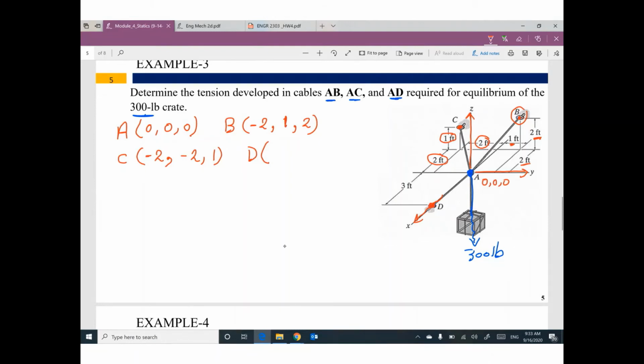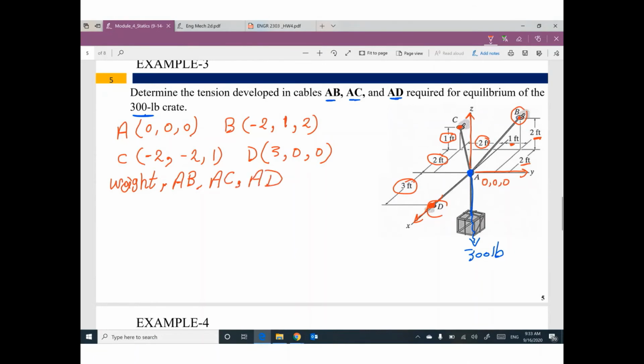In y direction, 0. In z direction, 0. We have only 3 in x direction for point D, nothing else. We have 4 forces. We have a force due to weight, a force AB, a force AC, and a force AD.